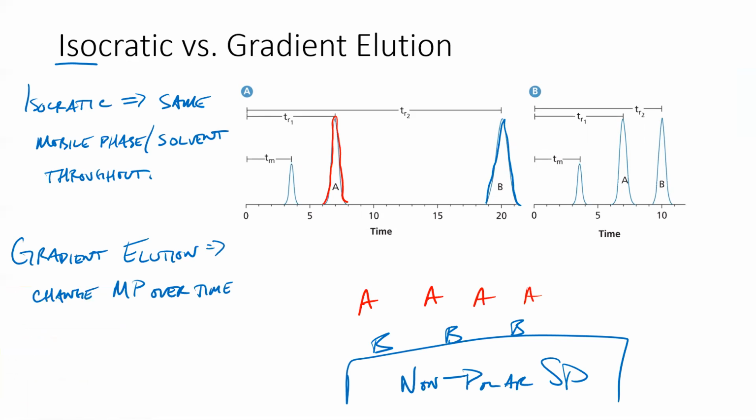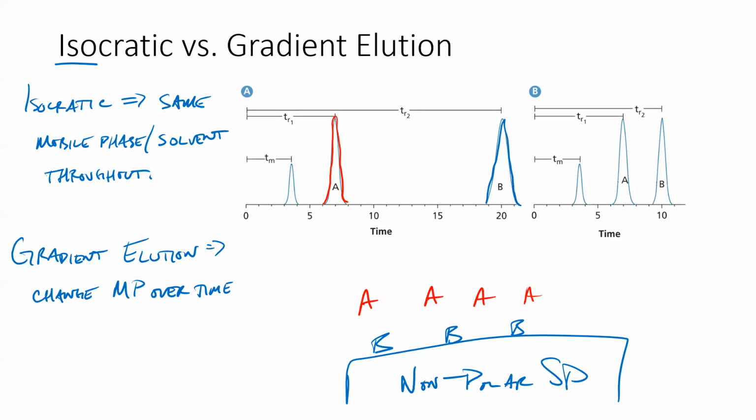But let's say that, at 6 minutes, as A is pretty much out of the instrument, we start changing what the mobile phase is from something very polar, say methanol, to something that's a little more non-polar, like acetonitrile or octanol or something, right?